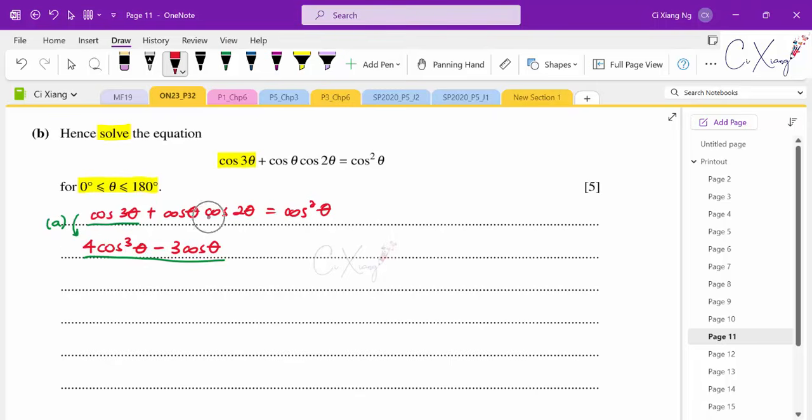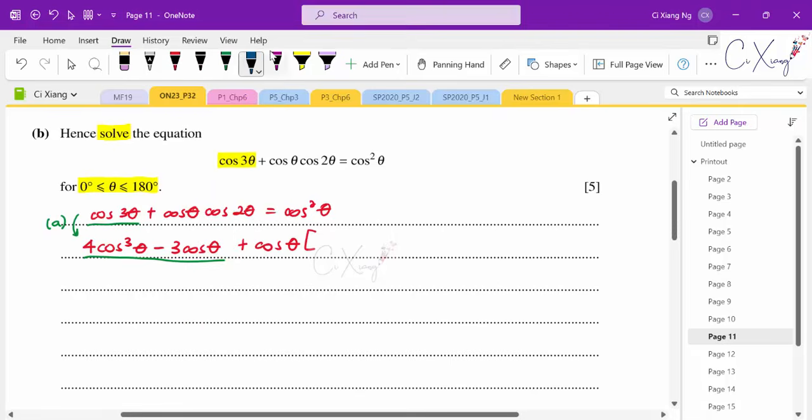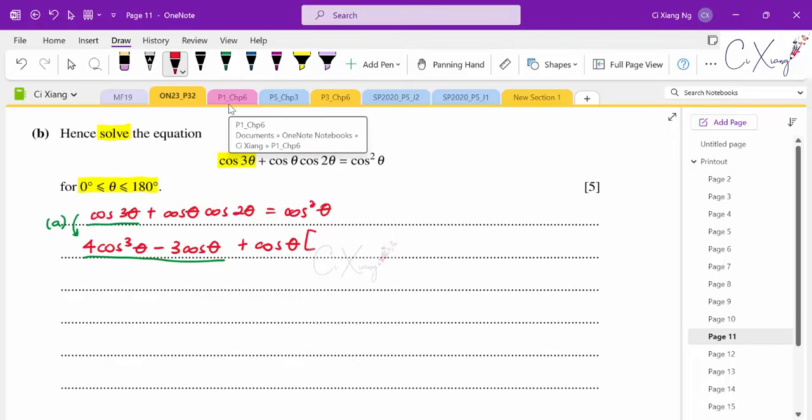Then for the second term here, I keep the cos theta. Then for cos 2 theta, I expand it by using the double angle formula. It is okay if you don't want to expand now; if you want, you also can. If you don't expand, maybe you can solve it later or expand it later. So for cos 2 theta, I want to use 2 cos square theta minus 1.